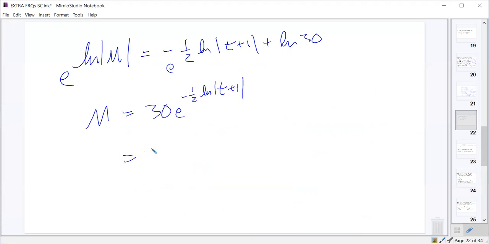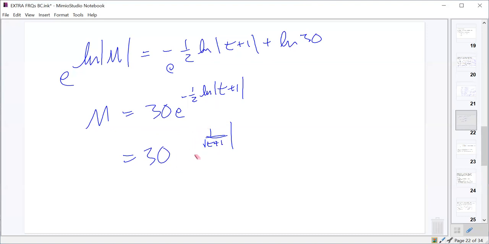Or if you want to write it as 30 e to the natural log of 1 over root t plus 1, either of those would be fine. Oh, sorry, there's no natural log there anymore. That's my fault.